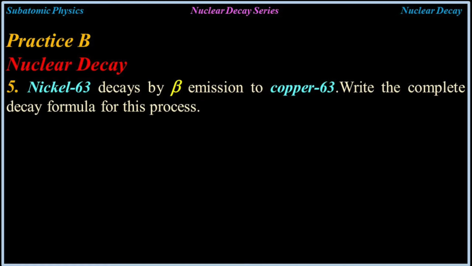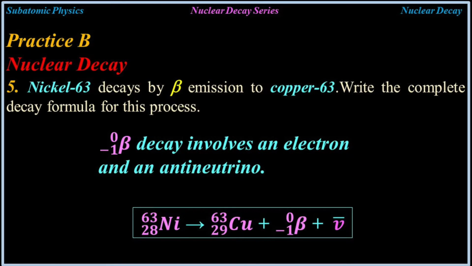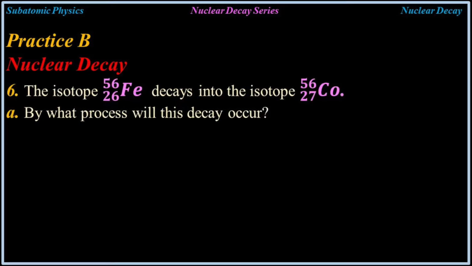And then nickel 63 decays by beta emission to copper 63. Write the complete decay formula for this process. Beta decay involves an electron and an antineutrino. So there's the antineutrino and the beta particle, and nickel becomes copper. You're going to get a rise in the number of protons.